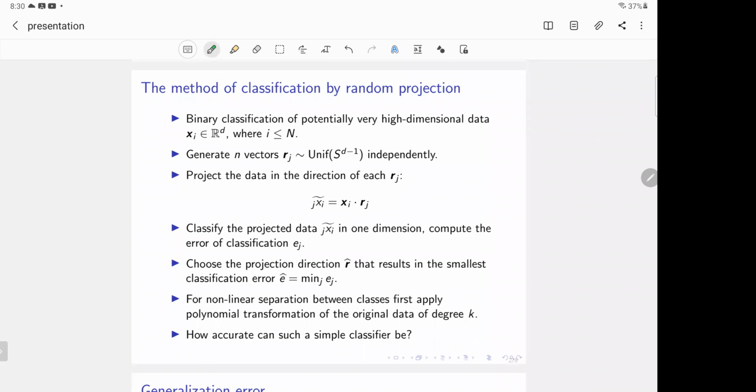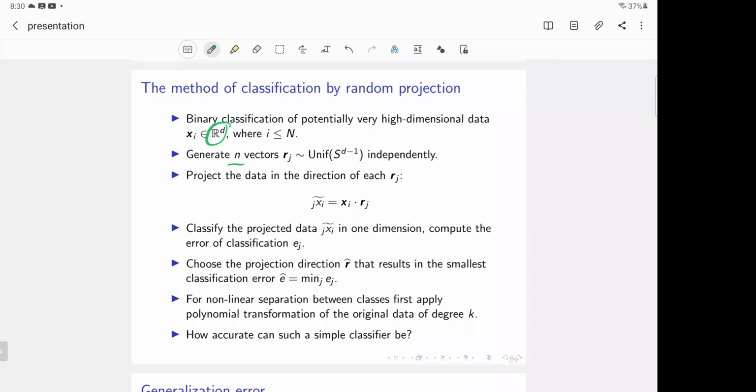Assume that we have a binary classification problem of potentially very high dimensional data where the data come from the space R^D, and we have a large n amount of samples of the data. We propose to generate a small n number of vectors from the unit sphere in d dimensions independently and uniformly.